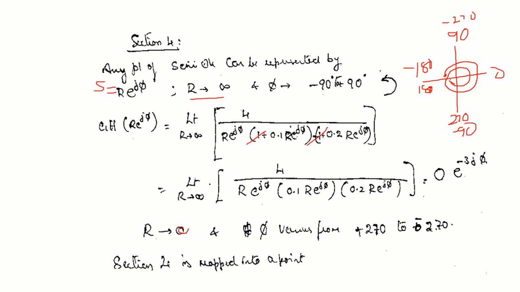Oh, sorry. Sometimes I make that kind of mistake, I don't know. Plus 270, like this. Correct? Counterclockwise, totally 540 degree. This is how section 4 gets plotted. It is of very small radius. Later we'll make it a point.